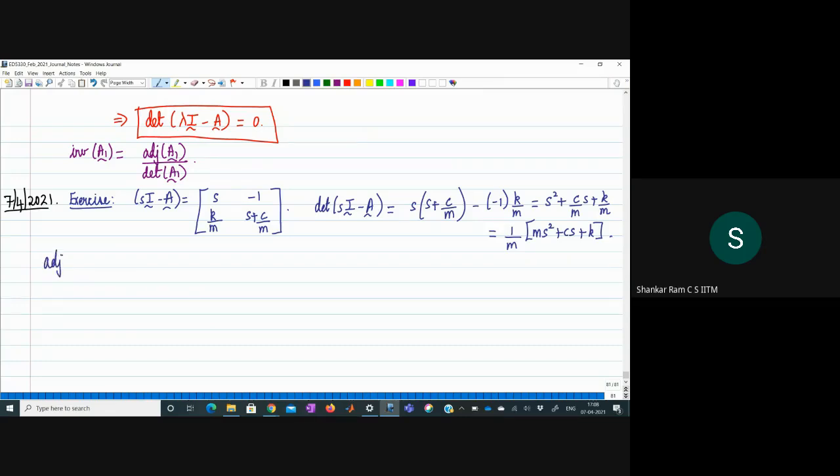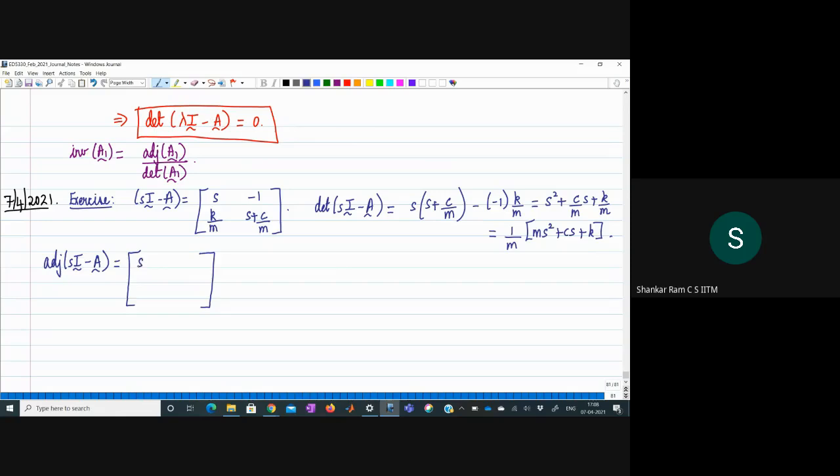Now, if we take the adjoint of this matrix sI minus A, how do we get the adjoint of a matrix in general? We formulate what is called the cofactor matrix, and then we transpose the cofactor matrix. In this particular case of 2 by 2, to form the cofactor matrix we just swap the entries.